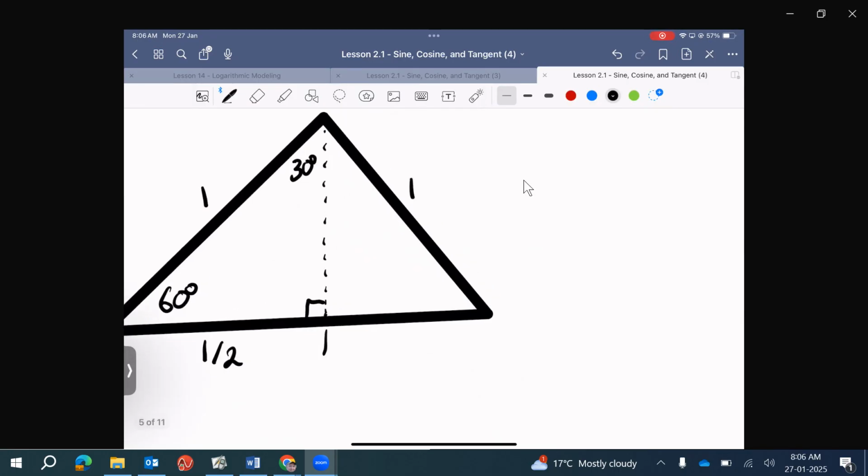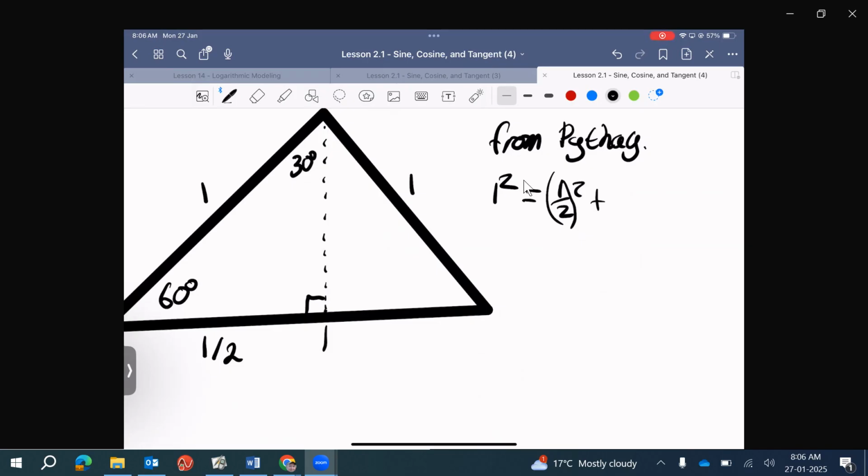So from Pythagoras, we are going to get 1 squared equals a half squared plus x squared. Rearranging that, we get x is equal to the square root of 1 minus a quarter.